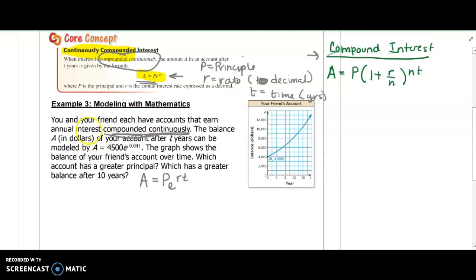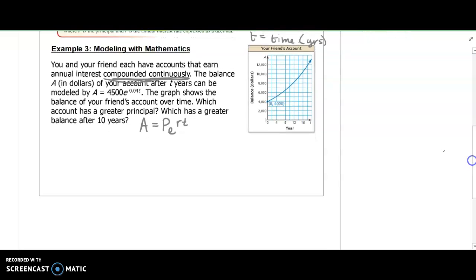Okay. So it says you and your friend each have accounts that earn annual interest compounded continuously. The balance A dollars of your account after t years can be modeled by, so this is your account, A equals 4,500 e to the 0.04t.